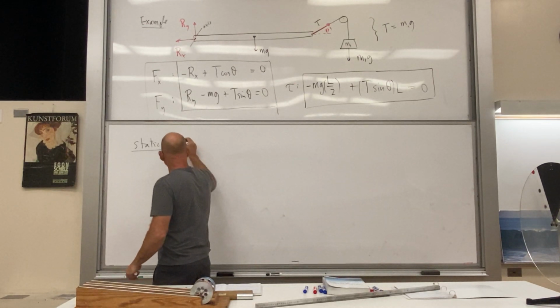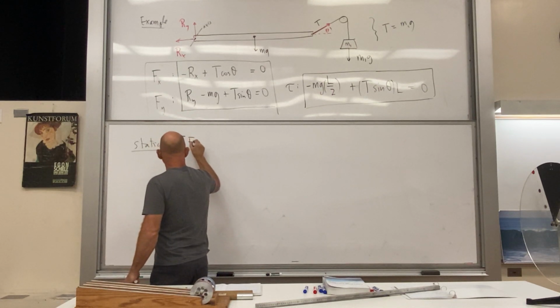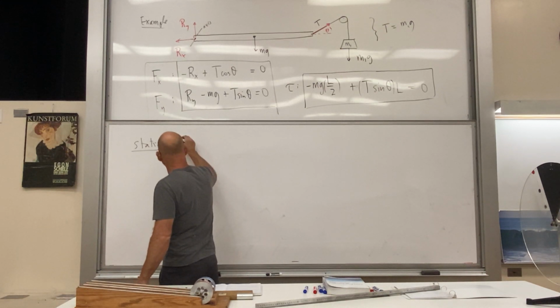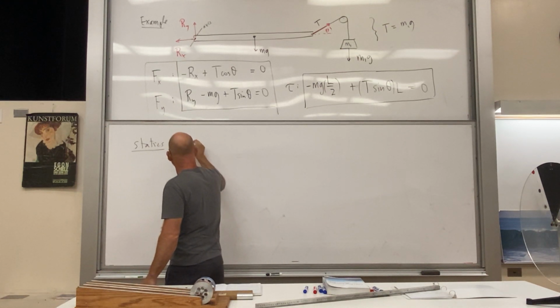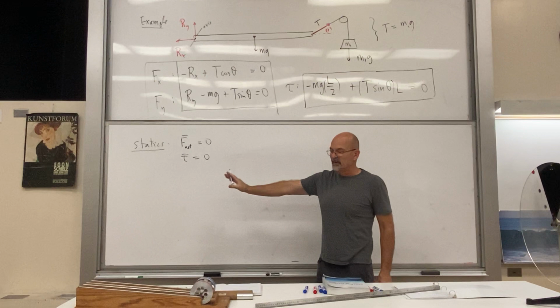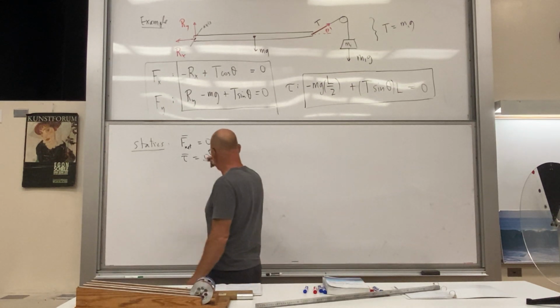So again, we can just summarize that. Net force equals 0 and net torque equals 0. Because that's pretty compact, right? Those are the conditions of equilibrium.